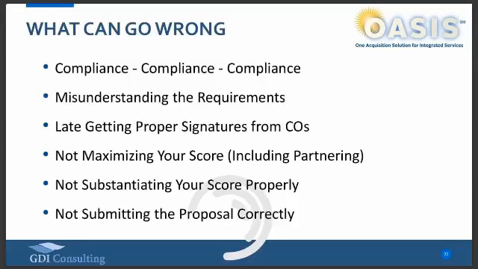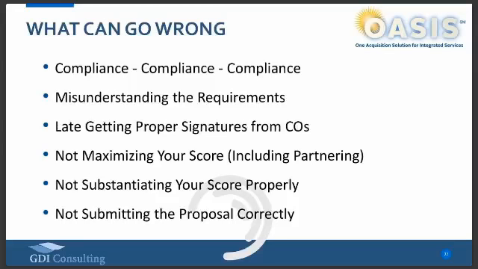The second thing that might go wrong is misunderstanding the requirements. Unlike standard RFPs where you have to write a number of volumes, the management volume, technical volume, past performance, these best-in-class scoring systems are not like that. You have to solve about 200 equations to see if a particular contract is compliant, or is better than the other.